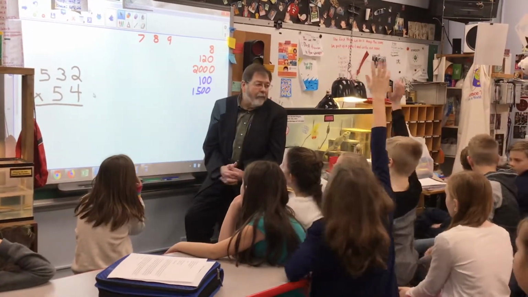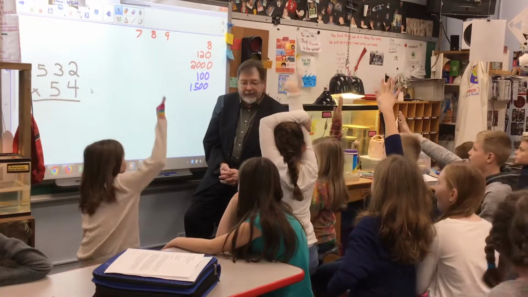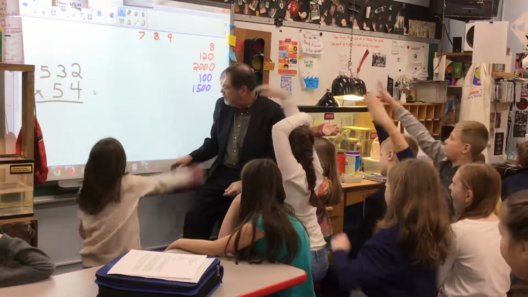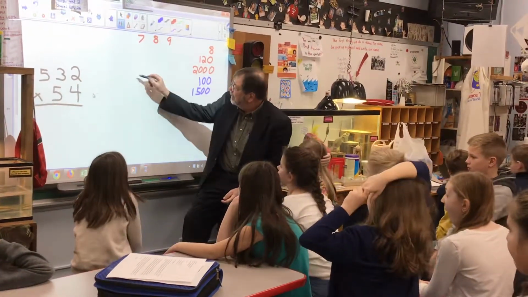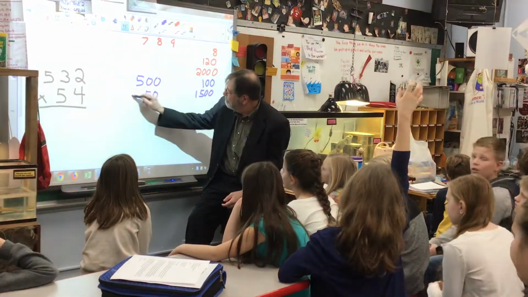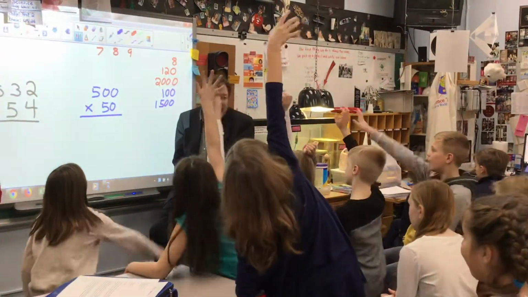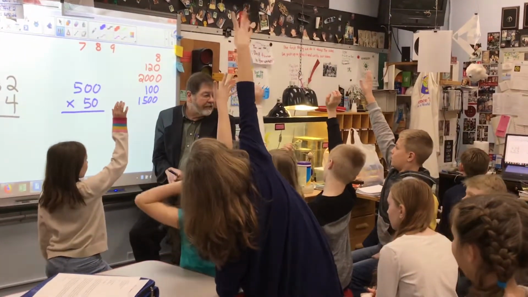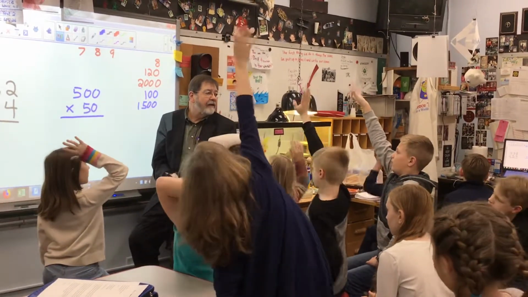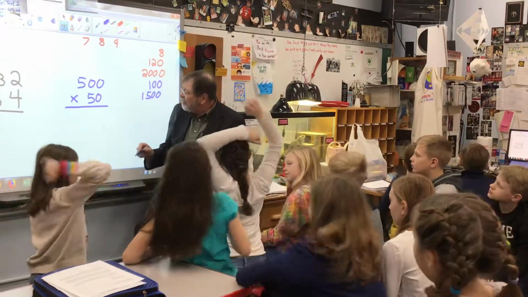And any more problems on this? Any more problems? Just looking around, trying to get everybody out. Alana: 500. I can do this in my head. How can I do this in my head? William: 25,000.